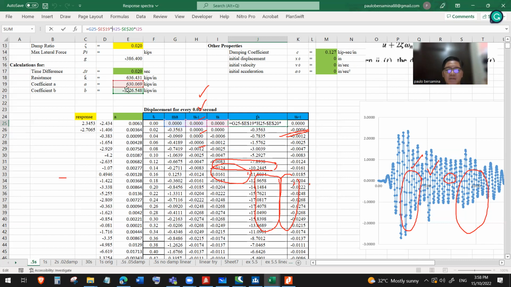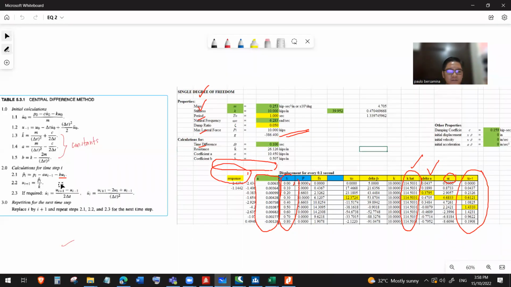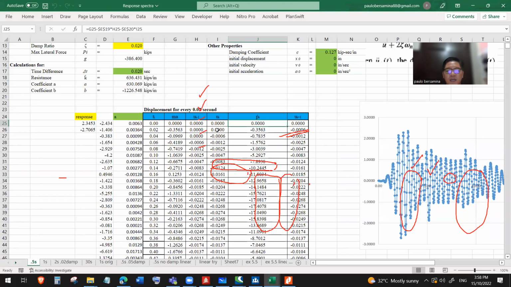Okay, and of course, yung A and B parameters. And then of course, yung velocity every time step, which is A and B. I'm sorry, ano pala, yung displacement every time step.